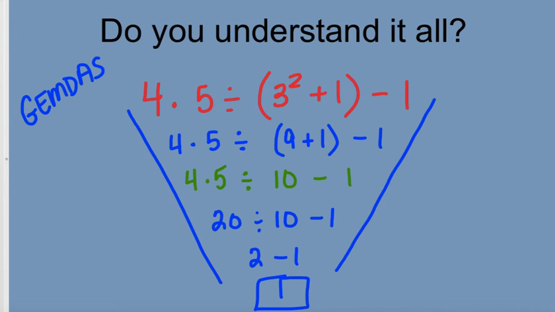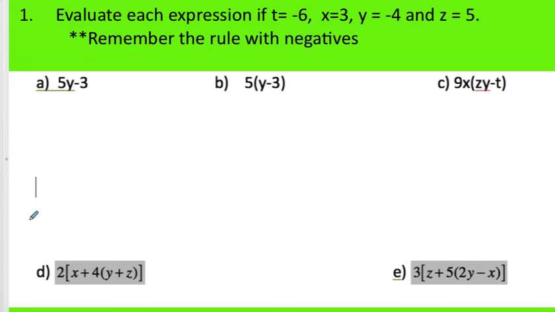All right, so let's evaluate some harder ones. So now these I gave you, they're evaluate, but now you might see I got some negatives here. And remember, our rule with negatives is if we're going to plug a value in, we always put it in parentheses. Okay, so looking at A, I have 5y minus 3. So it wants me to evaluate each expression, meaning find the value.